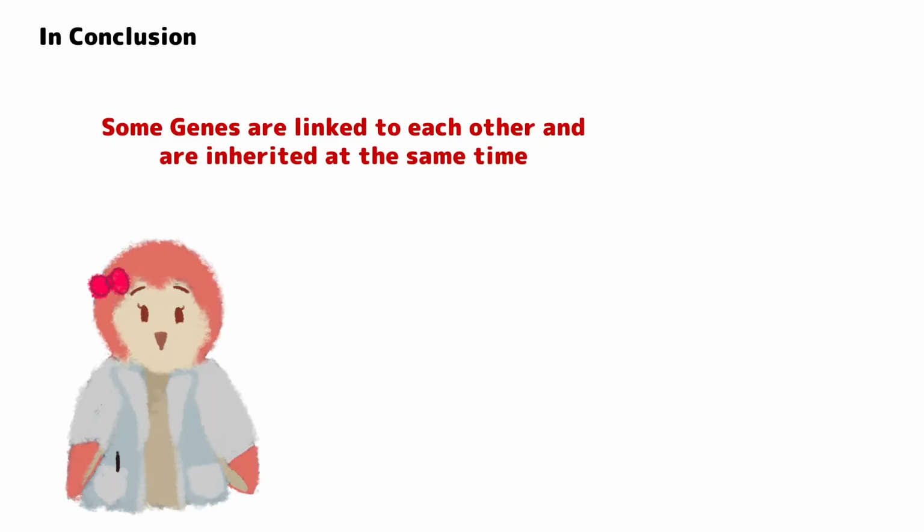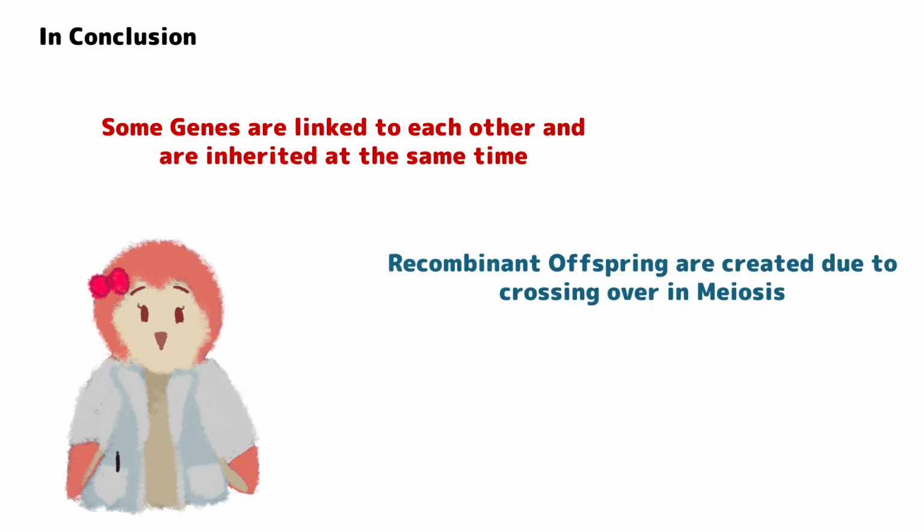Now, our scientist has drawn some conclusions. First of all, some genes are linked to each other and are inherited at the same time, as mentioned for the Drosophila, and the actual scientist, Morgan, demonstrated that in his experiments. The recombinant offspring are created due to crossing over in meiosis.